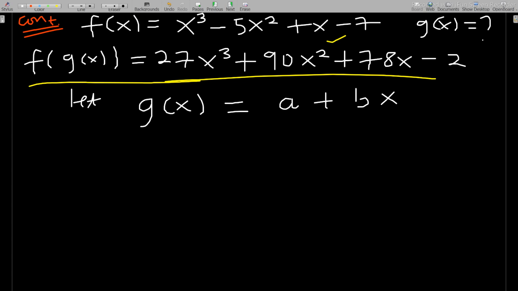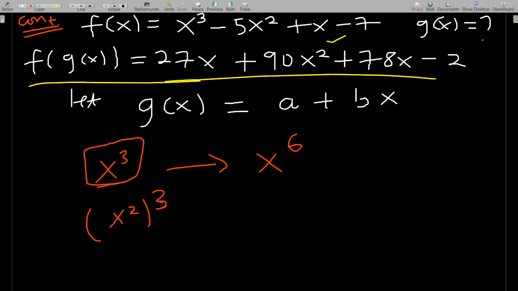So if this was the highest degree after everything, let's say 6, then it means that I have to square x cubed. I mean, if you have x cubed as f of x, and after everything, when I put in there, it is giving me a result of x to the power 6, it means it was something like x squared that when I put it here and cube it gives x to the power 6.